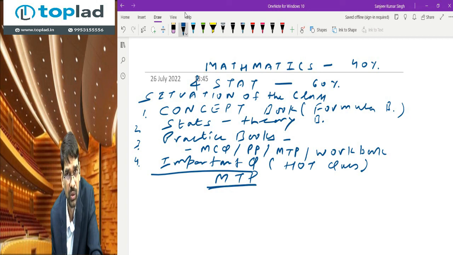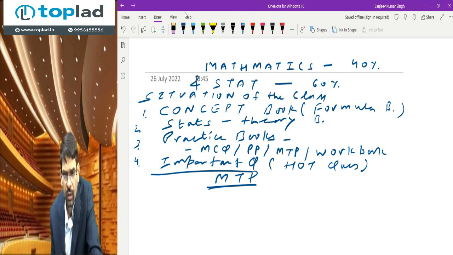The numbers are different, but the concept is the same. You can do more and more questions for one concept. If you really want to master the subject, you have to understand the concept part.